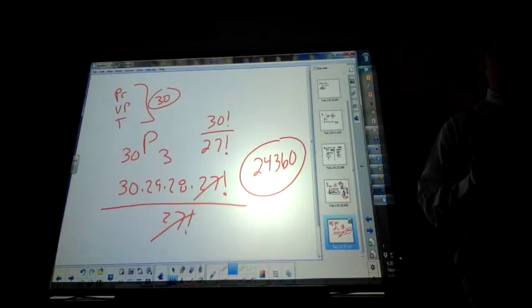Okay. So permutation goes with arrange. Now we're going to get to something called combination. Combination, order doesn't matter. How many ways are there to choose a set of R items from N objects?